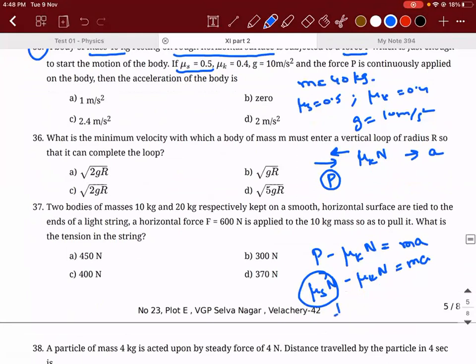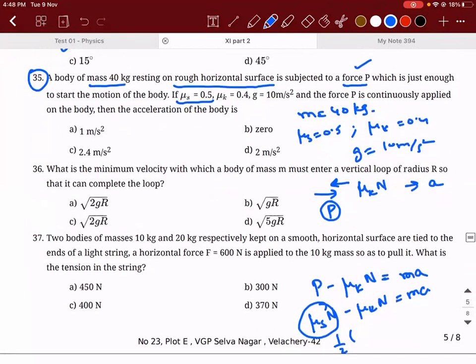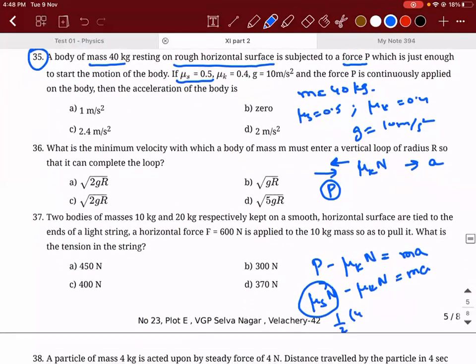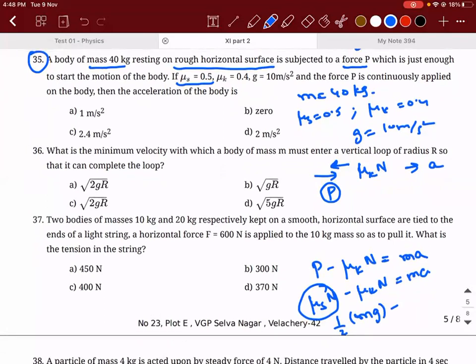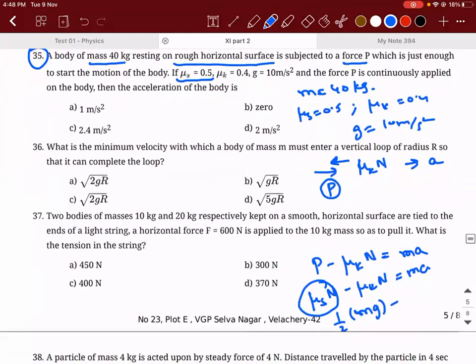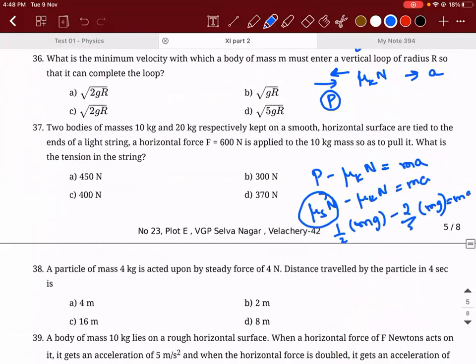So mu s is half, and in this case N will be equal to mg, so half of mg minus mu k, which is 0.4, so I can write it as 4 by 10, that is 2 by 5, times mg is equal to mass of the object into acceleration. M will get cancelled.